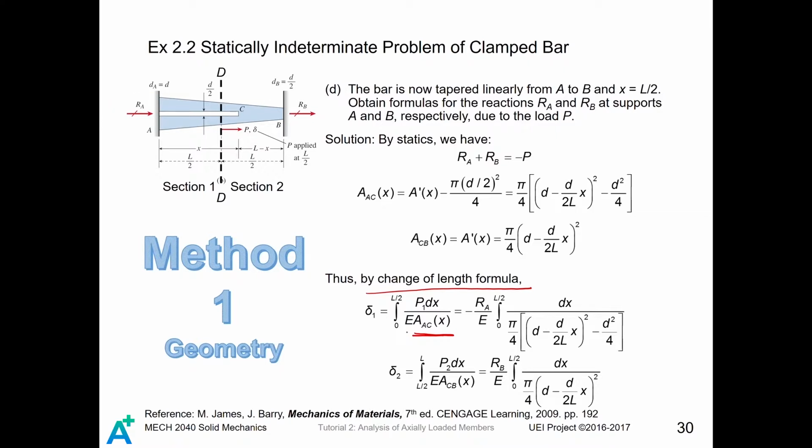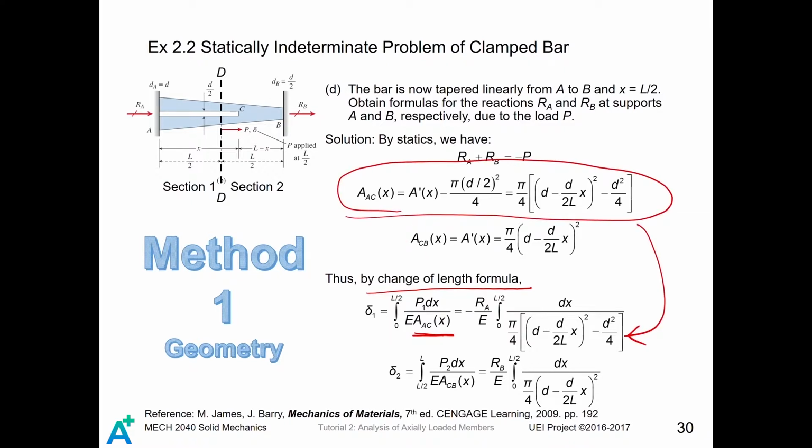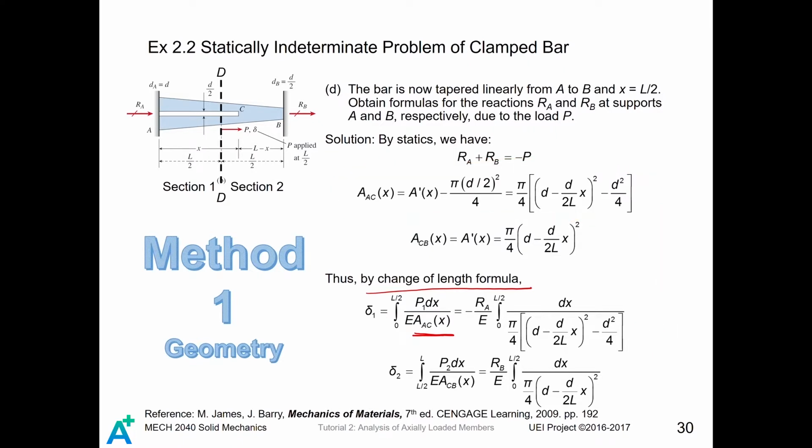Besides, we take the constant E out. Finally, we put A_AC into this integral, which is very complicated. Similarly, for the change of length of segment 2, since there is a tensile force RB acting on it, it should be positive. Besides, we take the E out and substitute our A_CB into this integral.